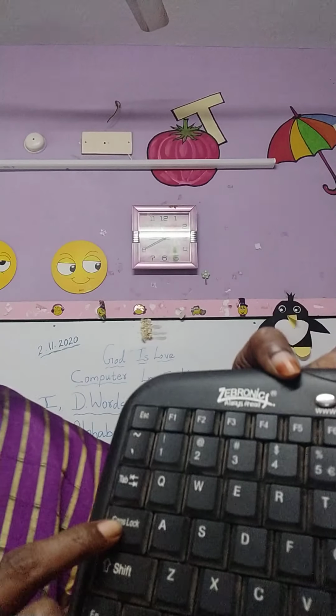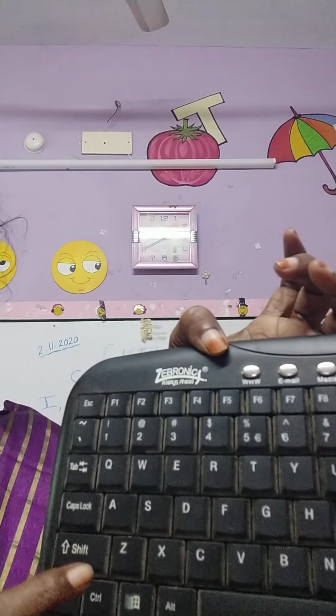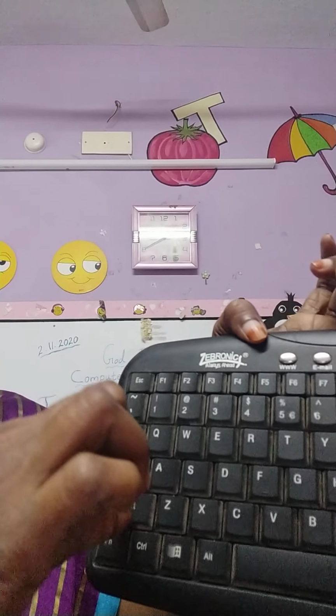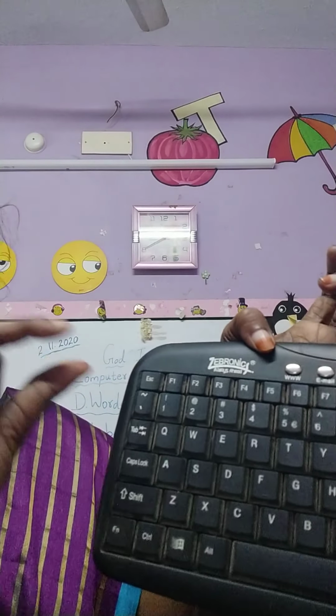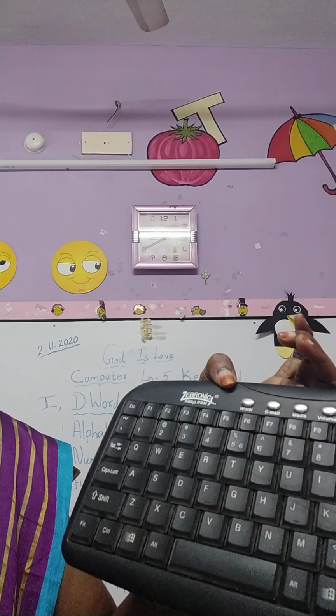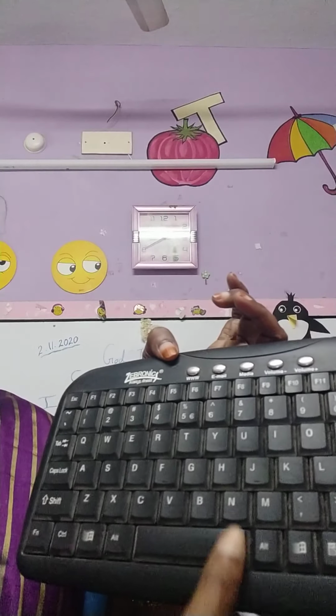Okay. See here, if you press this caps lock, all will be typed in capital letters dear. And see, shift. If you press shift and ABC, that letter alone will be typed in capital letter. And this is the long key, the longest key on the keyboard.